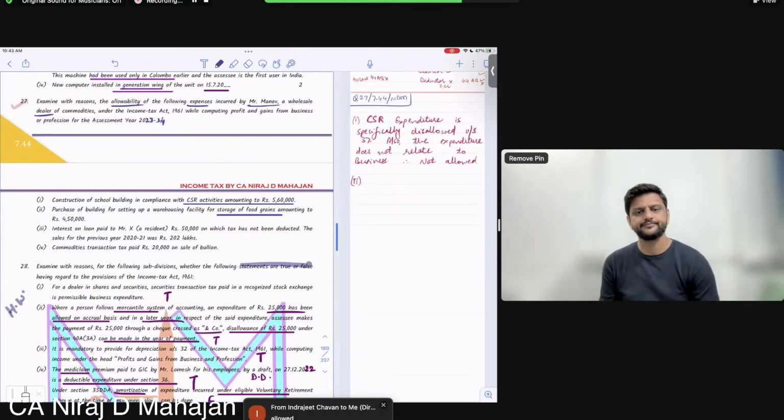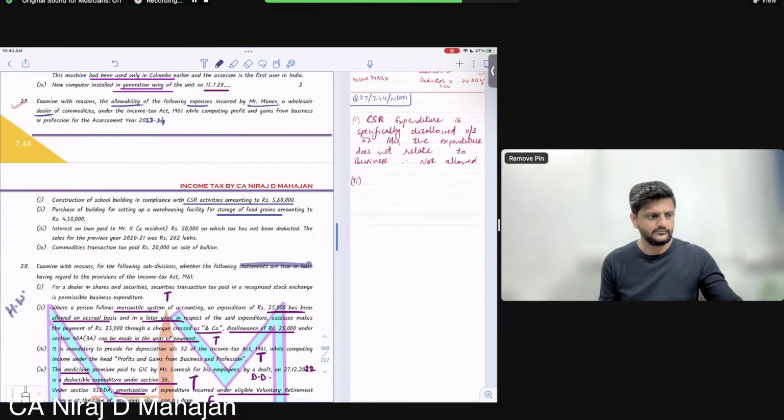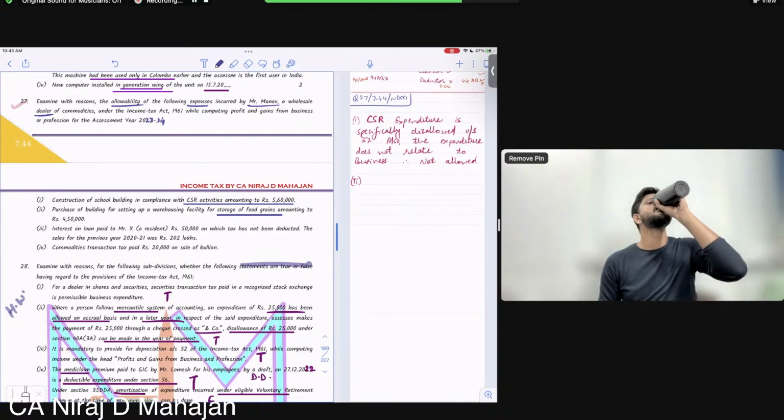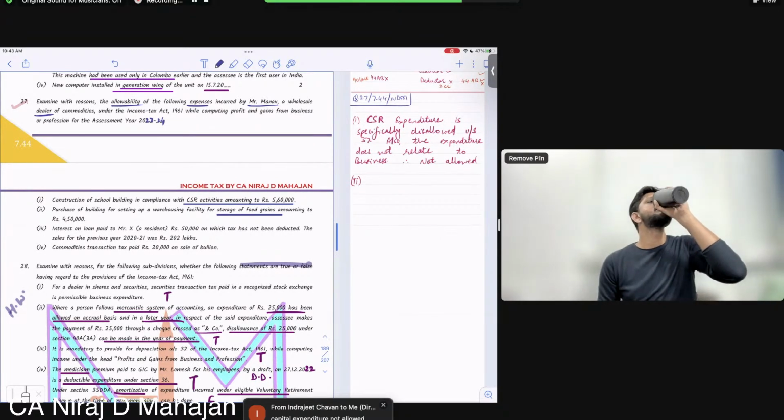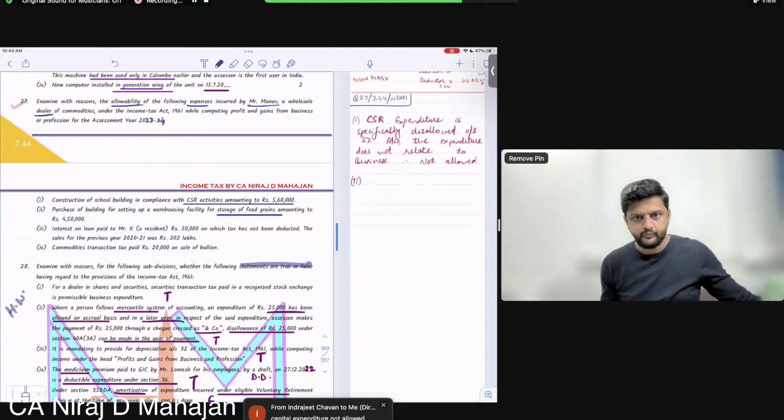Indrajit, which section? Warehousing, food grains, 35AD.